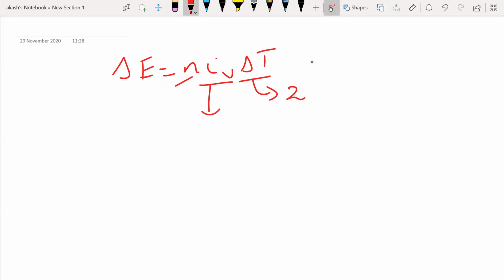Monatomic. Obviously, all noble gases are monoatomic gases. Please remember, helium, xenon, neon, argon, all these are monoatomic gases. Now helium being a monoatomic gas, it will have only translatory motion. So what will be the CV value?